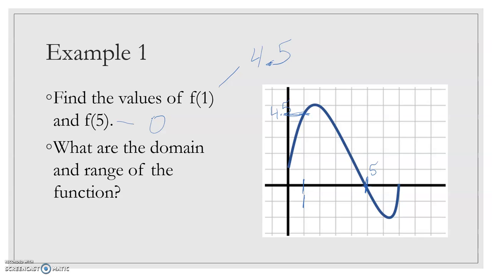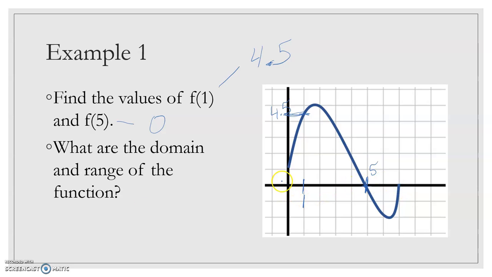Now for domain and range, you may recall that if the graph is continuous, like this one is, there are no breaks in it. It's not dots. It's a solid line. We use inequalities to show what we're doing. So the inequality for the domain, I would need to count from the lowest to the highest value for my x's.